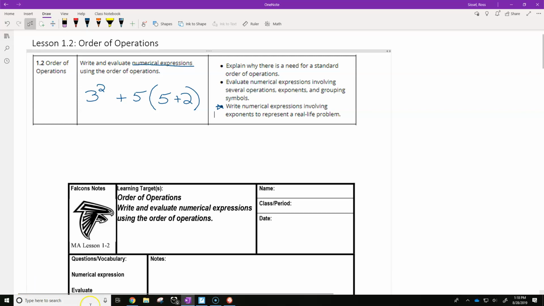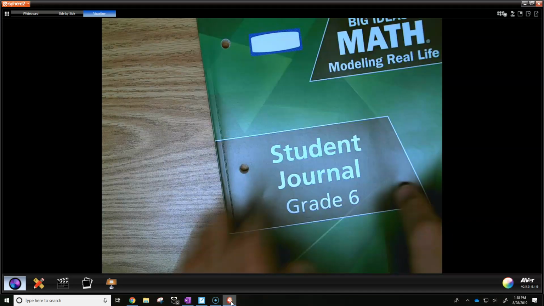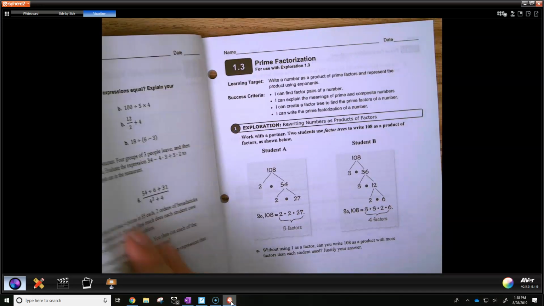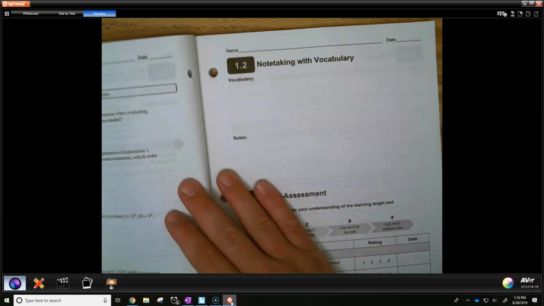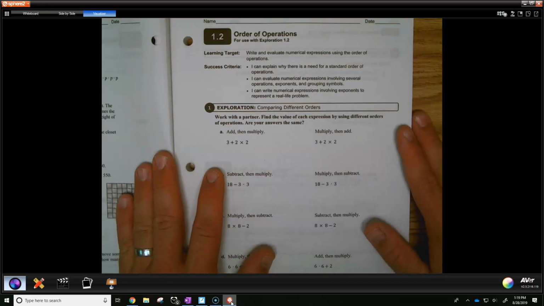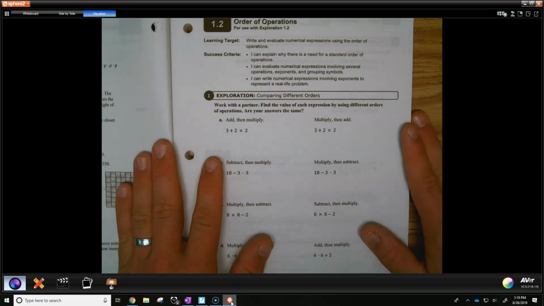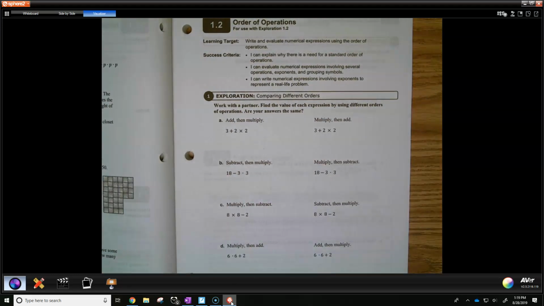What I need you to do for me is take your notebook or your workbook and open to 1.2, order of operations. While I'm on 1.2, you can push everything else off to the side.